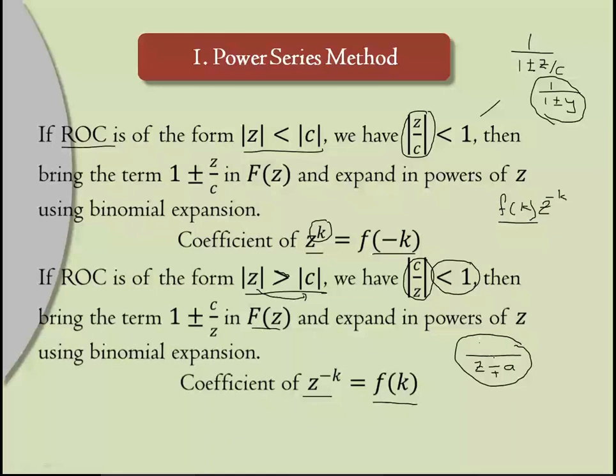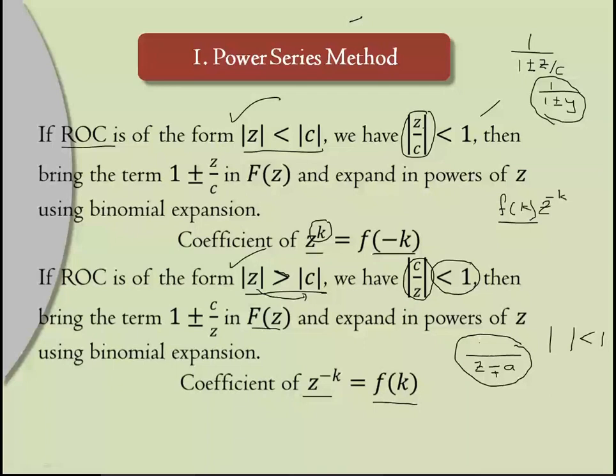After getting single terms, look at the ROC, region of convergence. Bring the term which is less than 1. Depending on the ROC, it may be in this form, mod z less than mod c, or in this form. Then depending on that, try to bring the term which is less than 1.